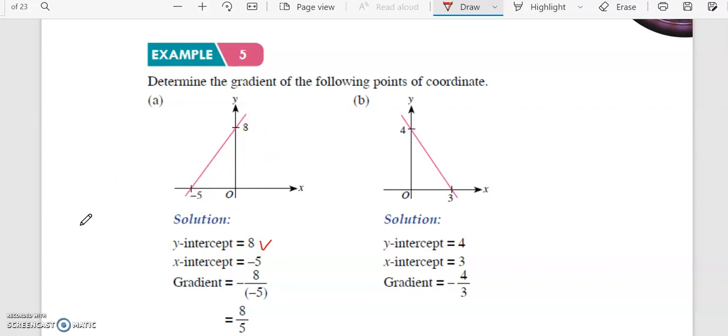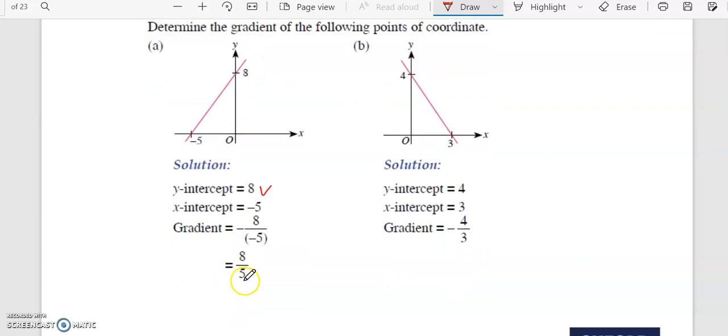So we use the formula gradient is equal to negative y-intercept over x-intercept. So we take the y-intercept here, 8, and divide by negative 5, and make sure that the formula has a negative here. So the answer is 8 over 5.